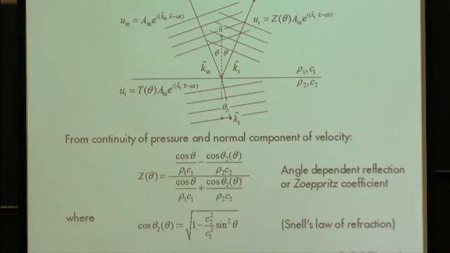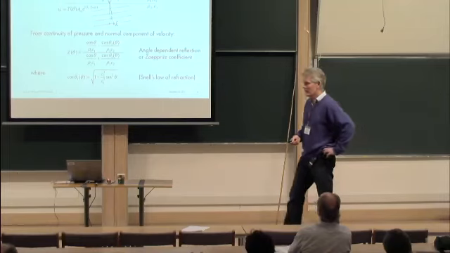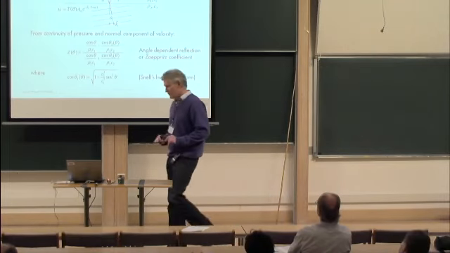So it's completely trivial. The only point I want to make is that the amplitudes of these plane waves get a reflection coefficient, and that's sometimes also called a Zoeppritz coefficient. So I will denote that by Z depending on theta. And there's a simple geometrical formula for that reflection coefficient. So this is just to set the scene.